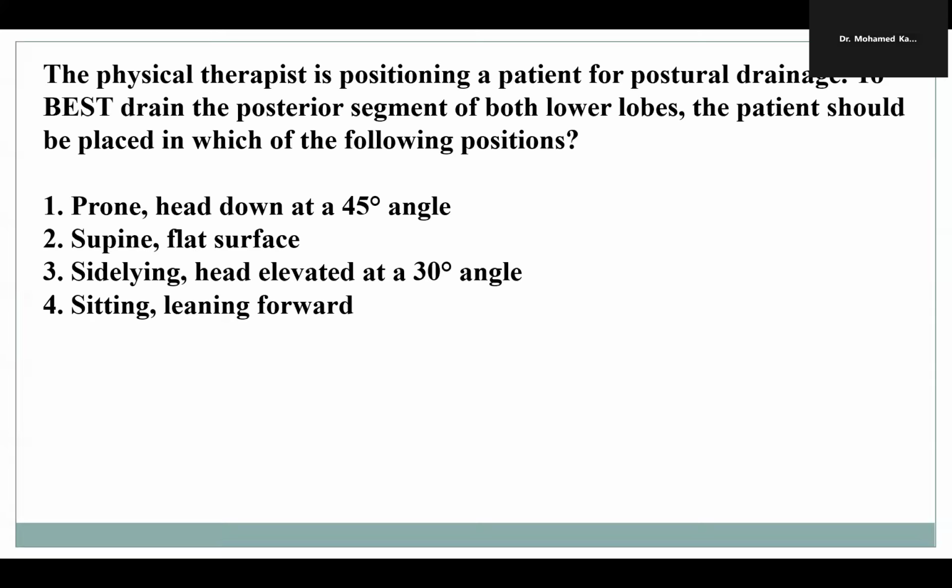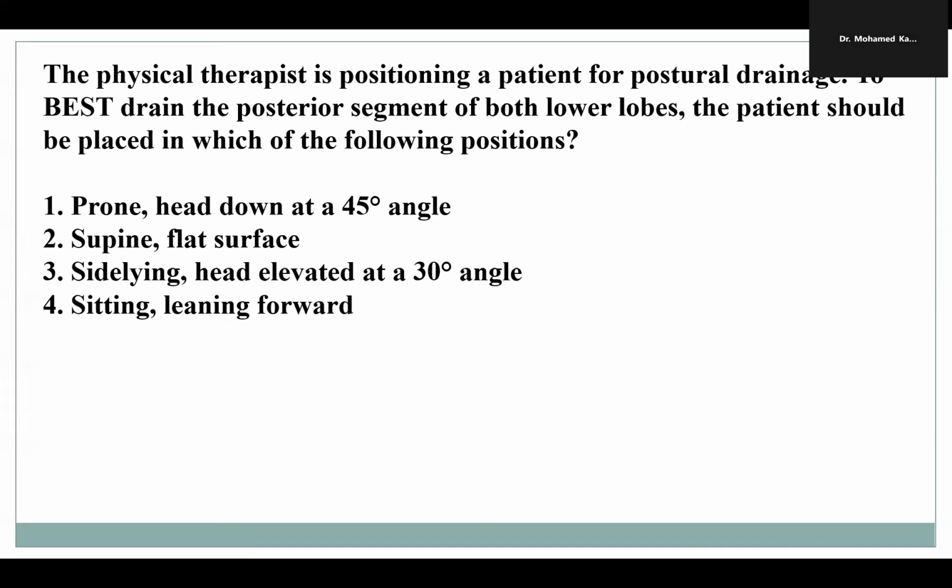Okay. To best drain the posterior segment of both lower lobes, the patient should be placed in which of the following positions? Okay, so we have different positions for postural drainage, as we will see now in a minute.